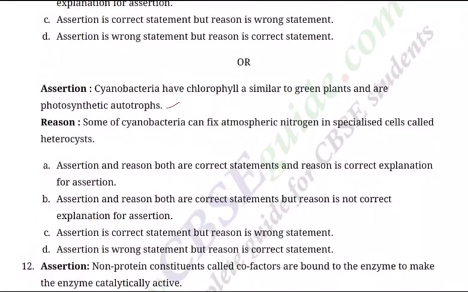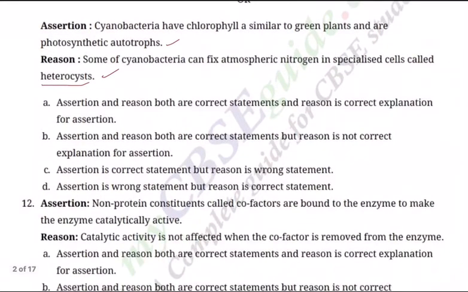Assertion: Cyanobacteria, that is blue-green algae, have chlorophyll similar to green plants and are photosynthetic autotrophs. Reason: Some of the cyanobacteria can fix atmospheric nitrogen in specialized cells called heterocysts.